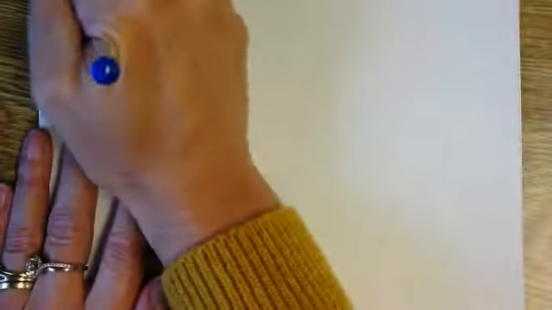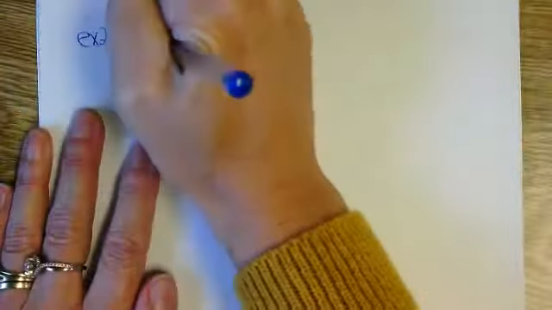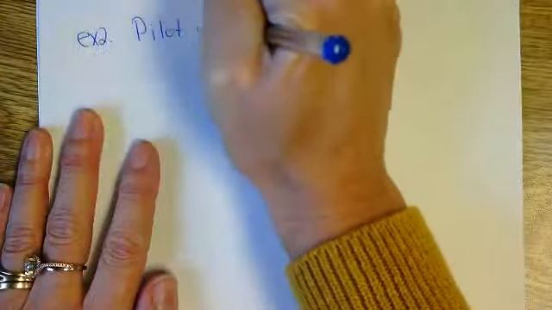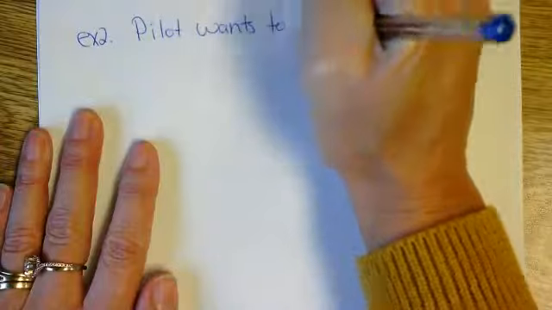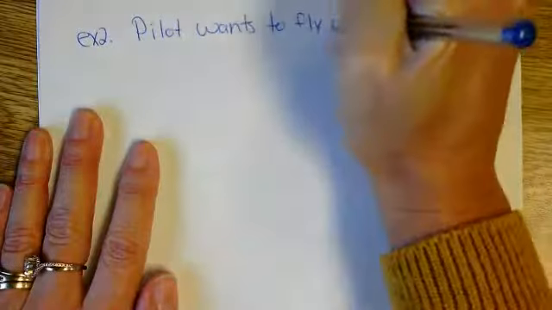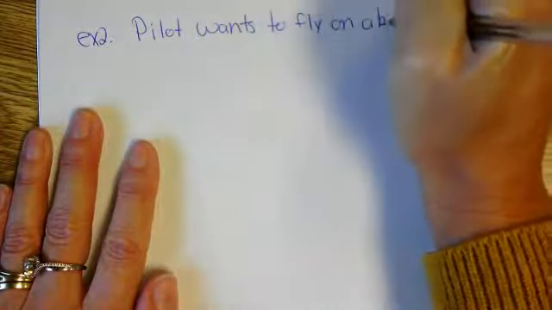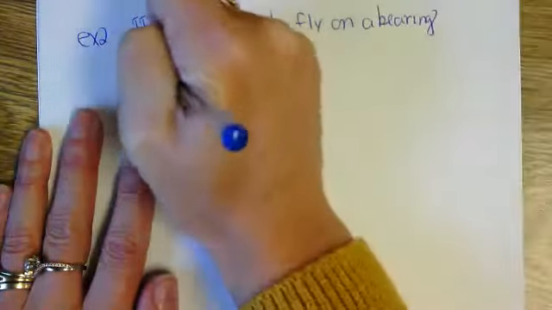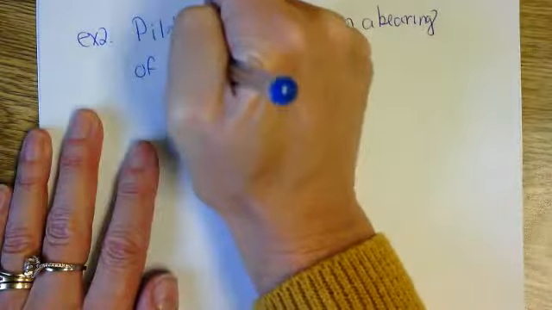Number 2. A pilot wants to fly on a bearing of 74.9 degrees.